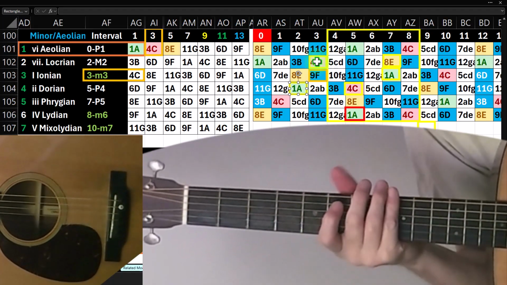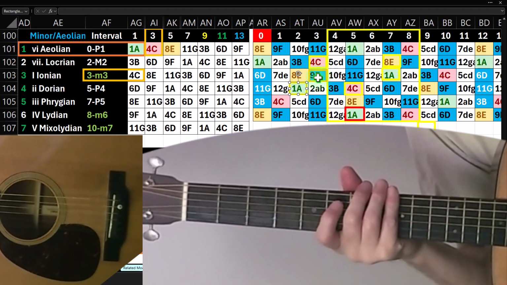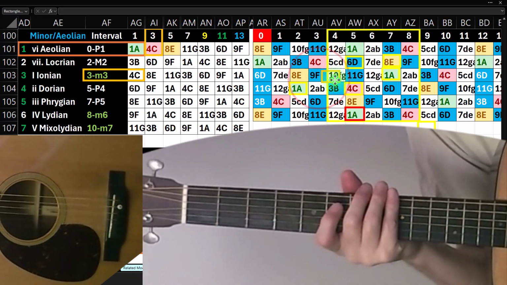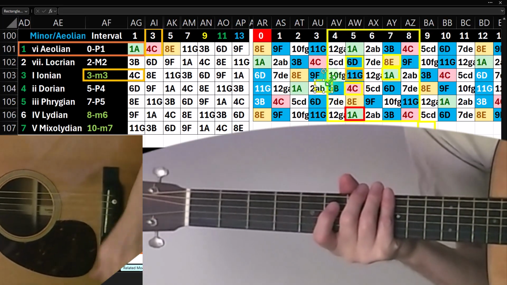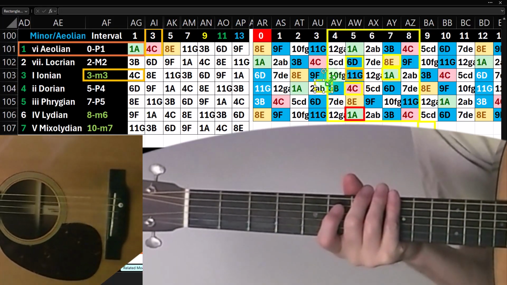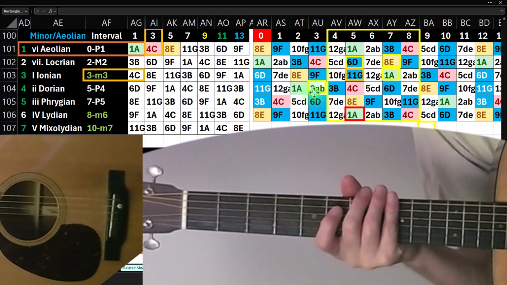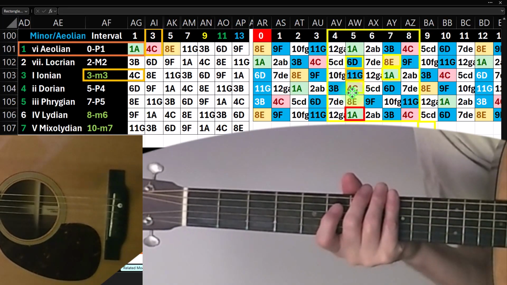But what would happen if I said I want to be on the same construction? What if I just forced this to a minor construction, right? I should be playing this, but I'm going to play it back here so it has a parallel construction.